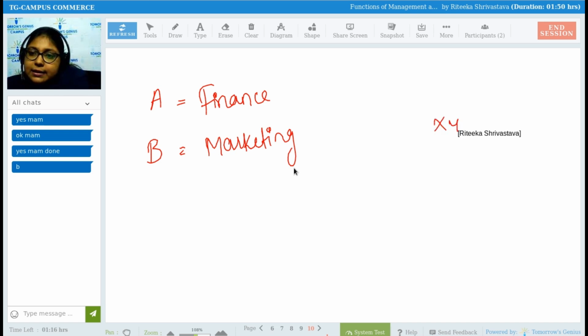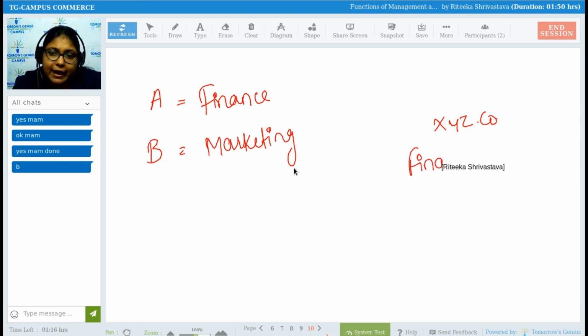And there is one organization, XYZ Company Limited. Now XYZ Company Limited is hiring for the finance department. They need a person who can work in the finance department. So tell me now, should XYZ company hire A or should it hire B?